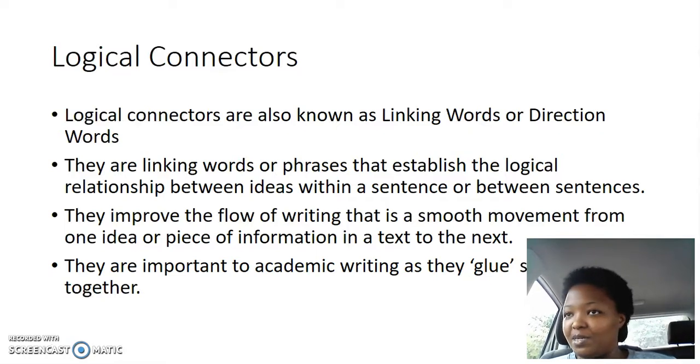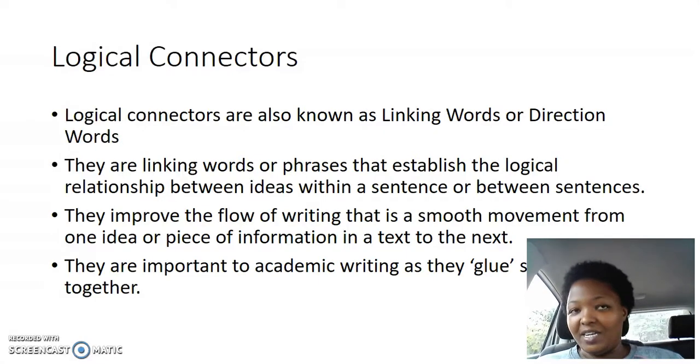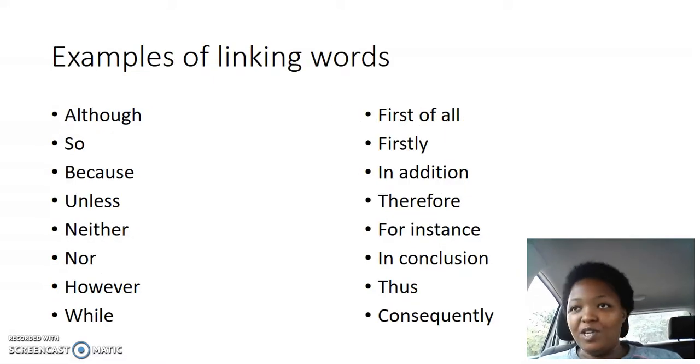And they're also a very important part of academic writing because they glue sentences together. So sentences will not make sense if they stand in isolation without logical connectors, and we're going to discover just how. There are so many of them, but these are some examples of linking words that you might also know.